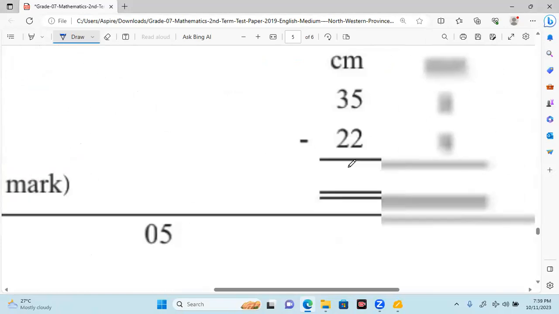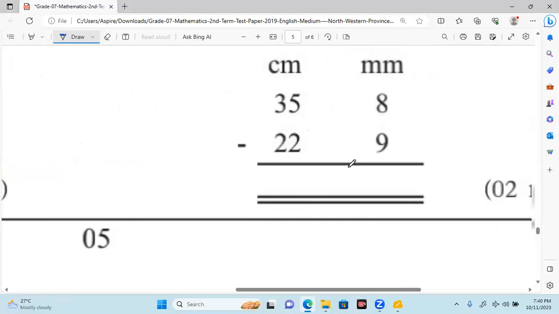90 centimeters. Okay. Here 8 plus 9, oh sorry, we have to subtract 9 by 8. So we can't do it. So we take 1 from the other side. Then 18 subtract 9, it is 9. It is not 35, it is 34. 4 subtract 2, it is 2. 3 subtract 2, it is 1.